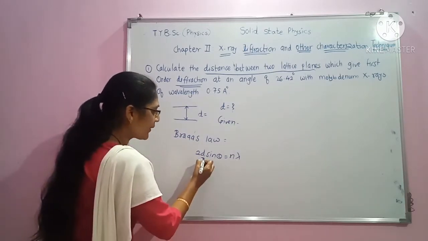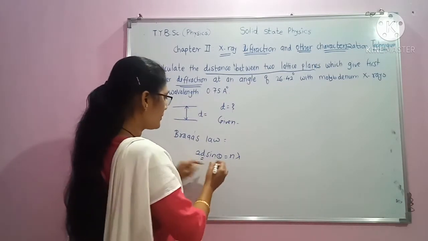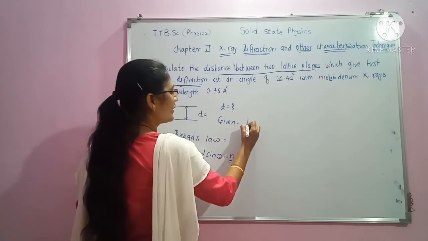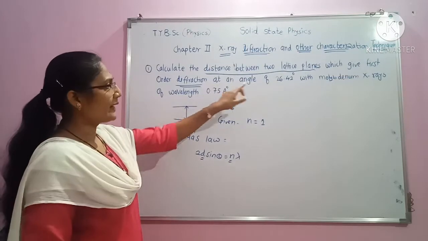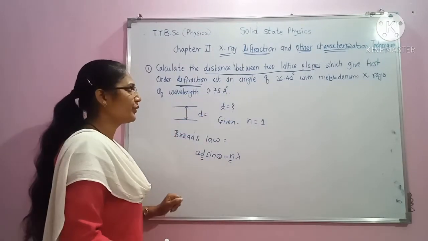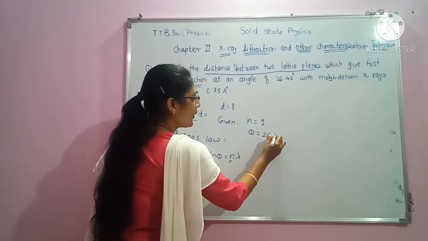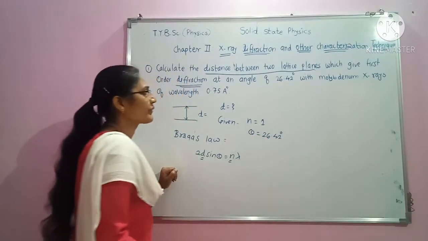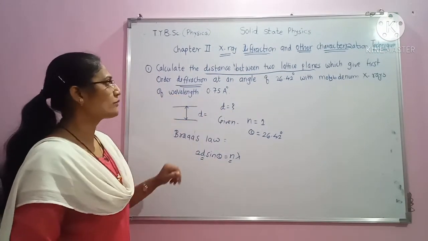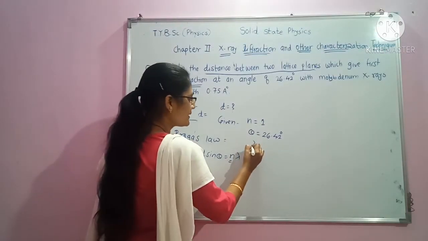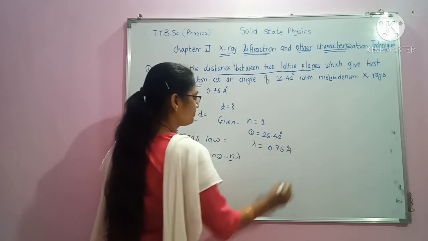So we have to find the value of d, and in the given, the first order, that is the n value, is given. n is equal to 1, first order, at an angle of 26.42 degree. That is theta is equal to 26.42 degree. And one more thing is given, the wavelength of the molybdenum source, lambda is 0.75 angstrom.